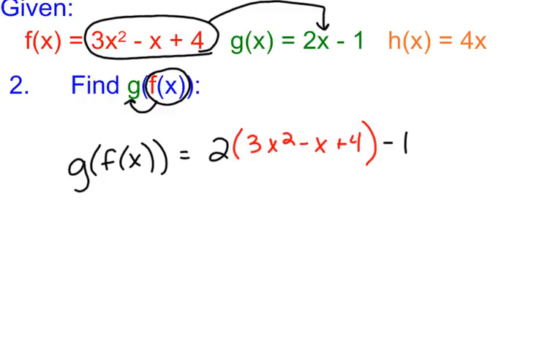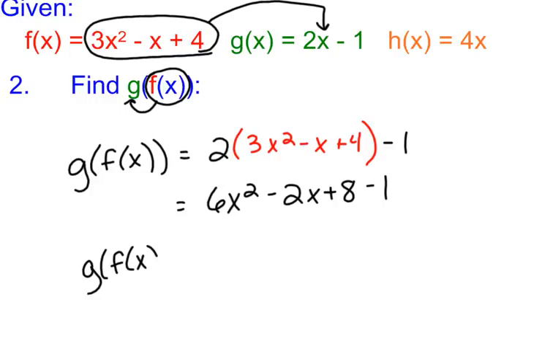This one's a little bit easier to solve from here, so I'm going to go ahead and distribute the 2, get 6x squared minus 2x plus 8, bring down that minus 1. So my final answer, g of f of x equals, when I combine like terms, 6x squared minus 2x plus 7. And that's my final answer.